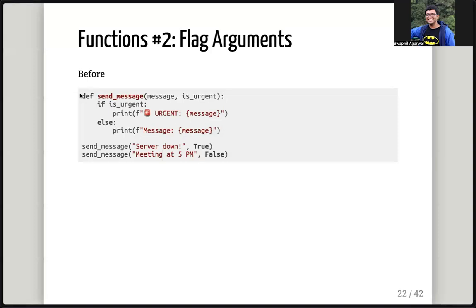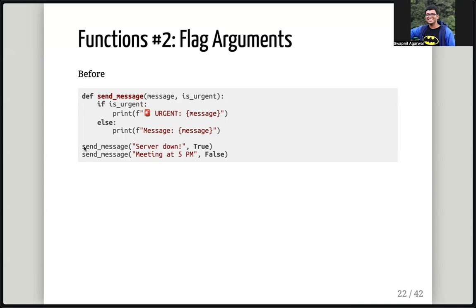Just reading this function, it looks cool, right? It looks okay, it seems normal. And this is why these heuristics are important, because they help you identify what problems can come up later. So flag arguments cause problems in readability.